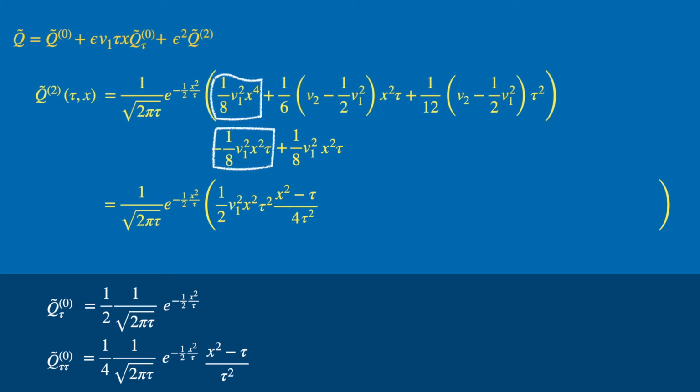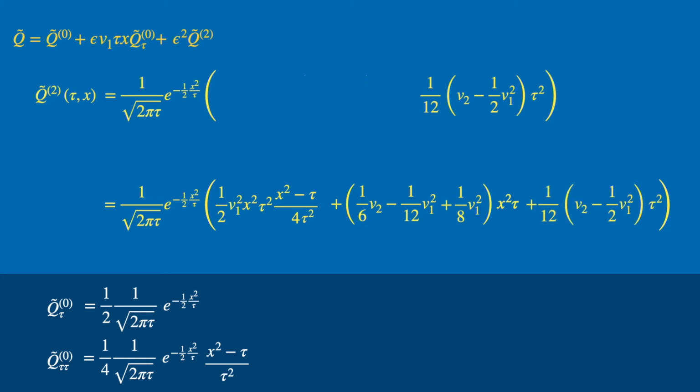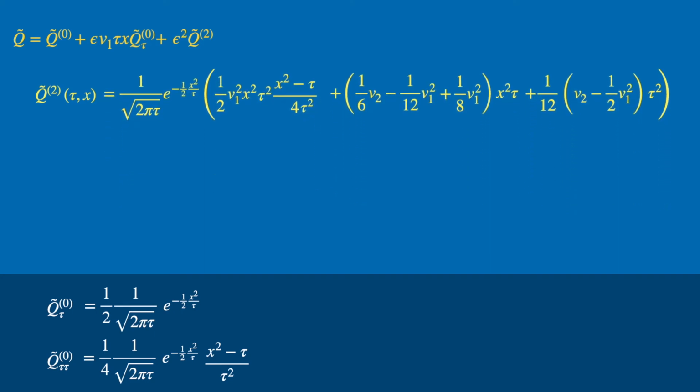So that's the first term sorted. Let's move to the second term, which we can rearrange. We can then combine the term we added to this term, and the second term is sorted as well. And let's add the third term. We need to do a bit of housekeeping now. Let's combine the fractions and the coefficients of the v1 squared times tau term.